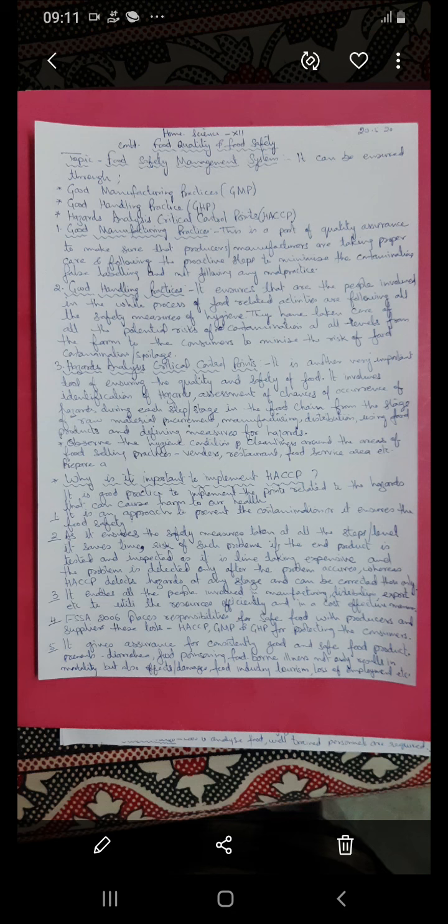If these points are followed and observed, naturally it will prevent illness caused by consumption of contaminated or unsafe food.